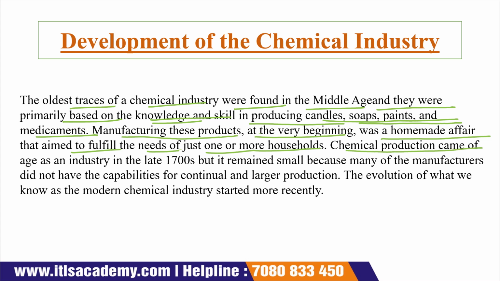Chemical production came of age as an industry in the late 70s, but it remained small because many of the manufacturers did not have the capability for continual and larger production. The evolution of what we know as the modern chemical industry started more recently.